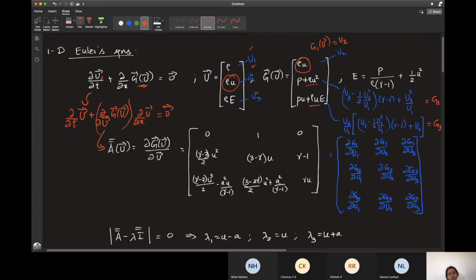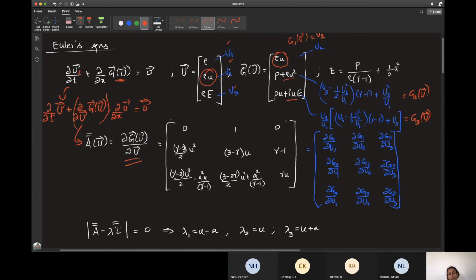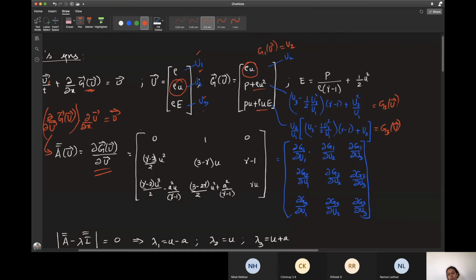For finding this matrix, we need to find all these components, that is dou g1 by dou u1, dou g1 by dou u2, and so on. So this is our g1. Dou g1 by dou u1 is 0, dou g1 by dou u2 is 1, and dou g1 by dou u3 is 0. Similarly, we are doing it for the other two as well.